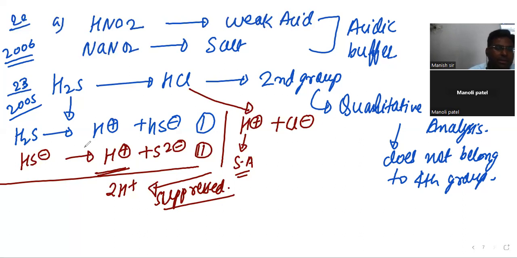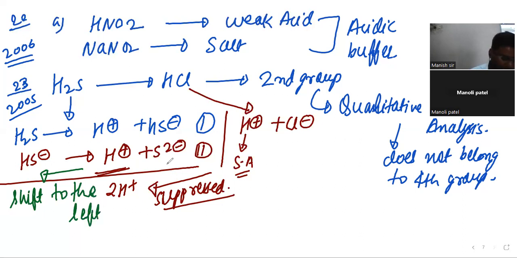So it is shifted to the left because the H plus ion concentration increases. Shift to the left due to common ion effect.